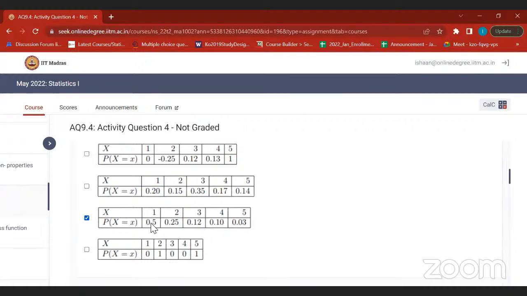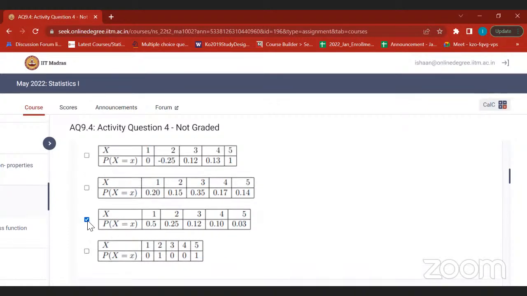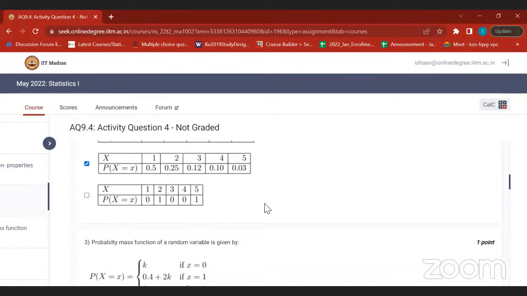Okay, it's 0.5 plus 0.25, which is 0.75, plus 0.12, which is 0.87. Sir, my mistake in the calculation. And in the last one the sum is exceeding 1. So this one is the only PMF possible, right? Yes, sir. Okay, got it.